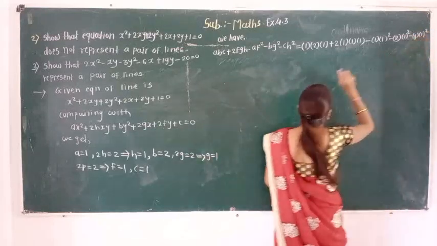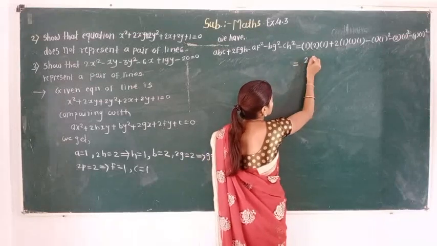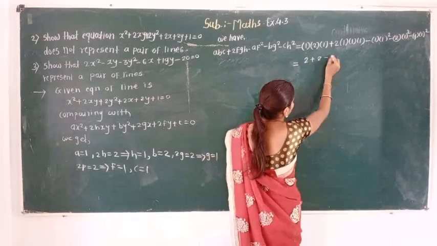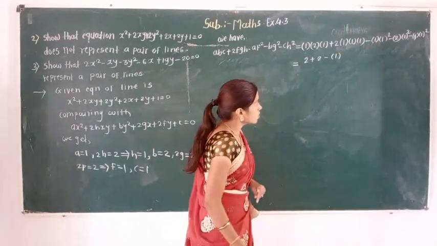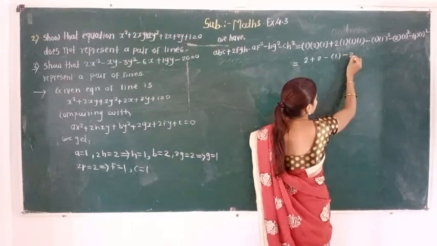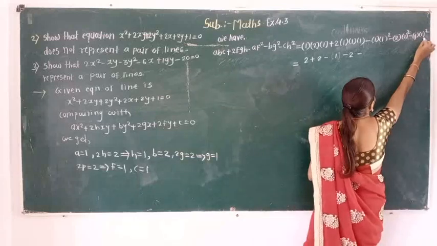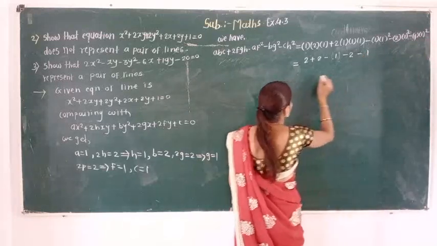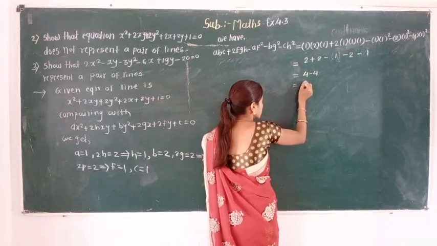Now simplify these terms: 2 plus 2 minus 1, minus 2, minus 1. We get 4 minus 4, which is equal to 0.